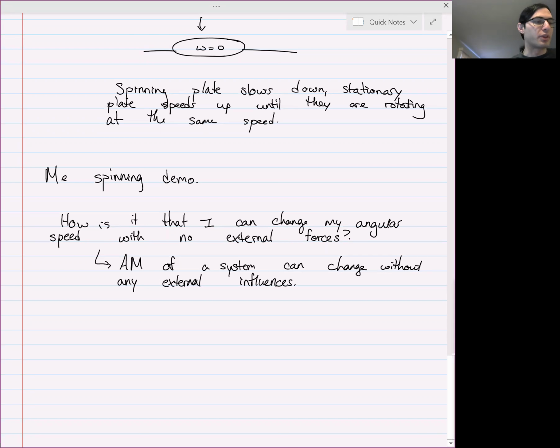Sorry, not the angular momentum. The angular momentum is fixed. The moment of inertia of a system can change without any external influences.